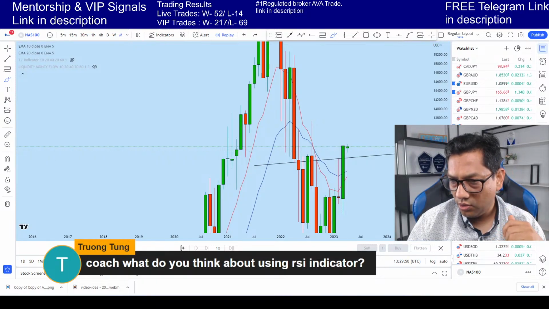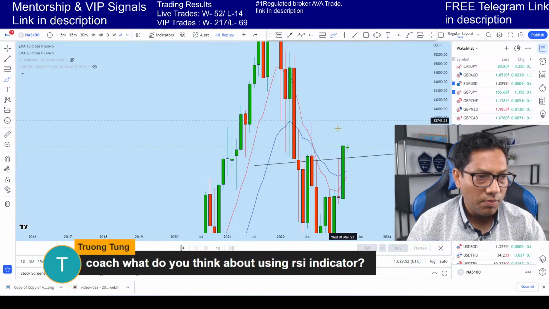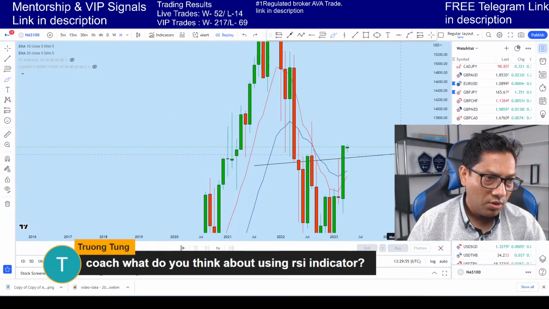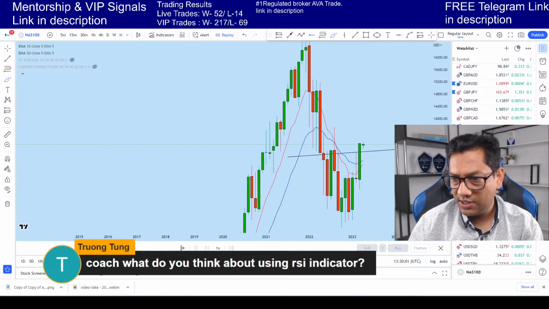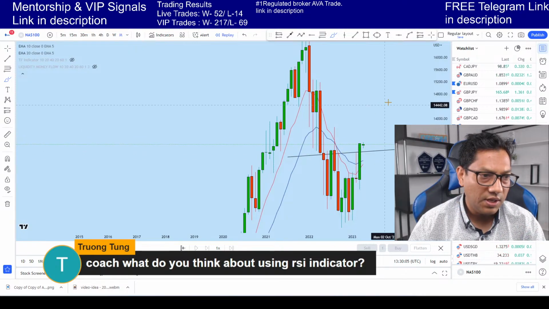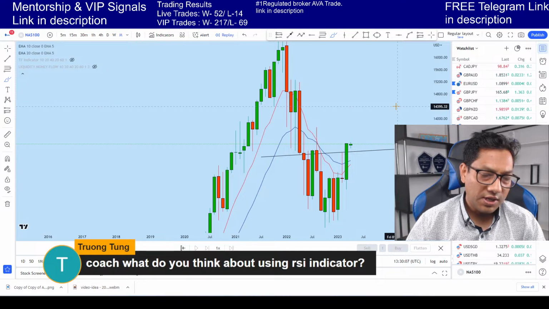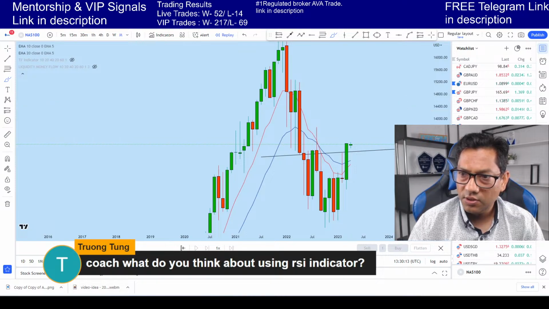Can anyone tell me, if the buyers are not buying, how the market will go up to that point? I'll finish NASDAQ, then come back to oil, and then explain exactly what you can get from an RSI indicator.